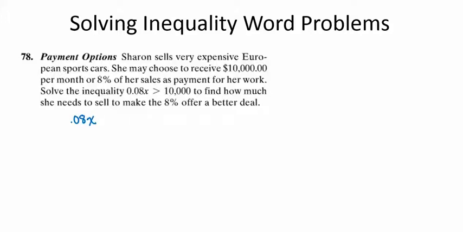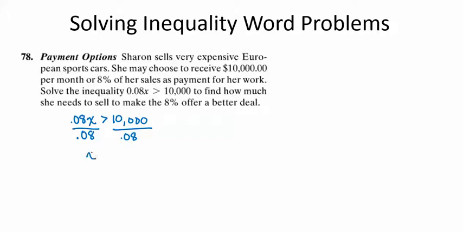So we set up 0.08x, so 8 cents on every dollar of sales is basically what that means. We want that to exceed $10,000. Then how much total sales in cars do we have to make?